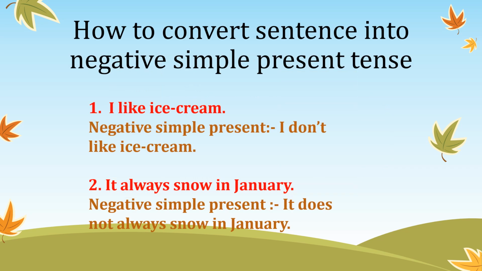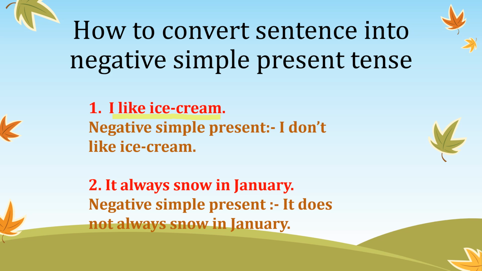Now, how to convert any sentence into the simple negative present tense? I like ice cream. Okay, this is the simple present tense and it is a positive sentence. Now we have to convert it into the negative form. In order to convert it into the negative form, we will add do or does plus not with the verb.